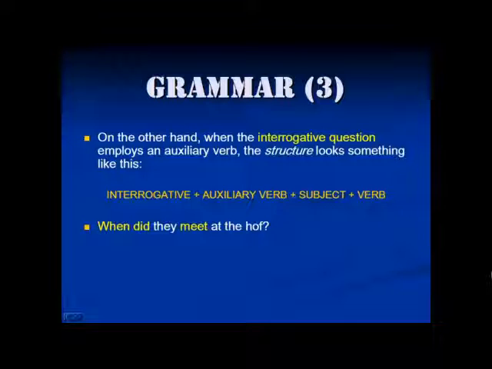For example, When did they meet at the Hof? What did they drink last night?